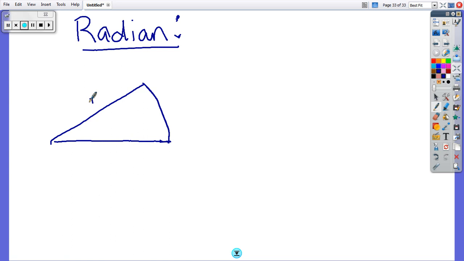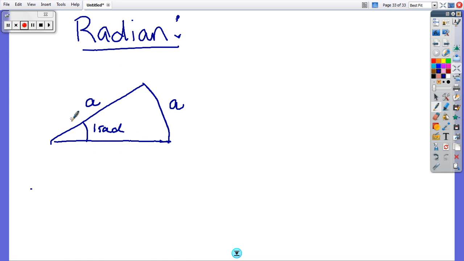If this measure is A, some number A, and the arc is also A, then that means that this is 1 radian, which we abbreviate rad. So if the radius, or this length, matches the arc length, that means it's 1 radian long.